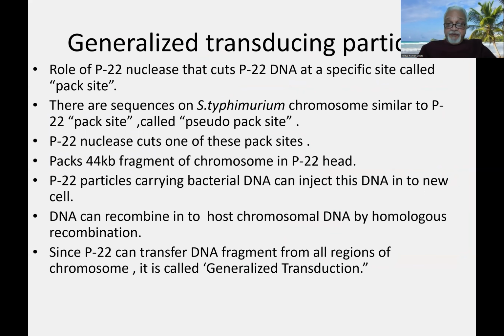And what is seen is that the host chromosomal DNA also has similar sites, which are recognized by this nuclease. So the host chromosomal DNA is also cleaved at different points. But this looks like the PAC site of phage DNA, and it is called a pseudo PAC site. It resembles that.